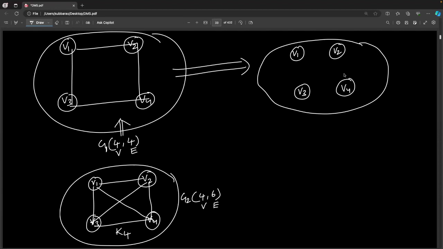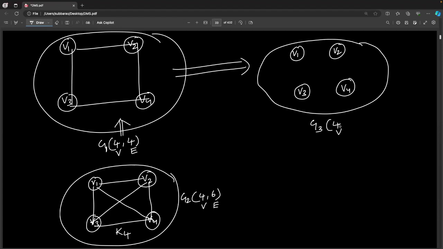Let us assume that it is G3. There, 4 vertices are there; here also 4 vertices are there. In G1 4 vertices, in G3 also 4 vertices. It's fine. In G1, the edge from V1 to V3 is not there.